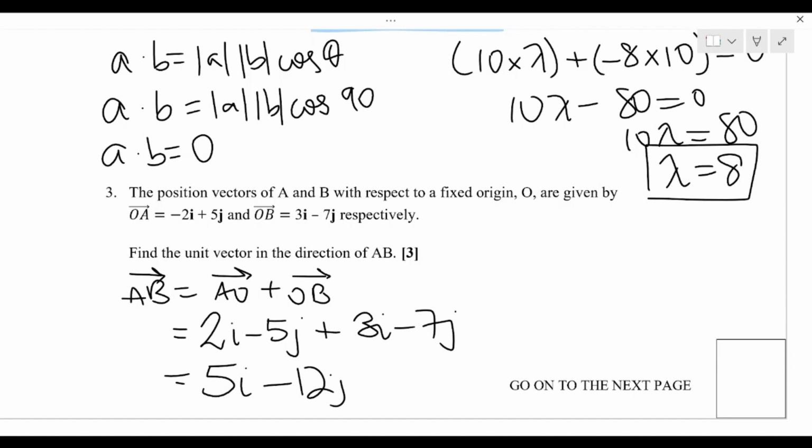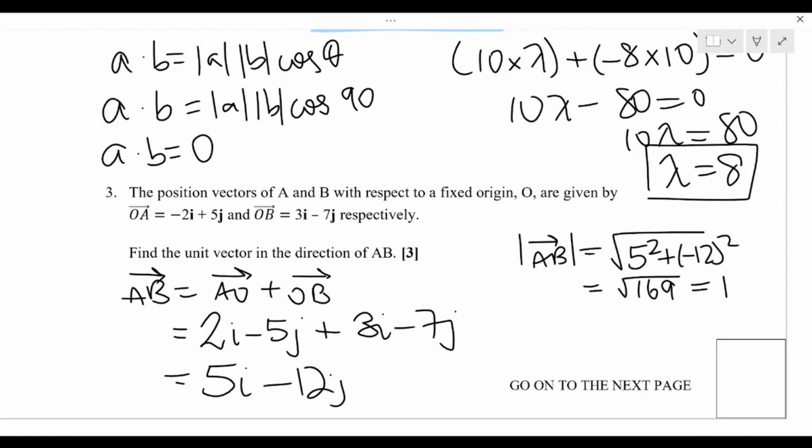Now this is vector AB, not the unit vector in the direction of AB. To calculate the unit vector in the direction of AB, we need to calculate the magnitude. This is going to be equal to the square root of 5 squared plus negative 12 squared, which gives us the square root of 169, which is 13.